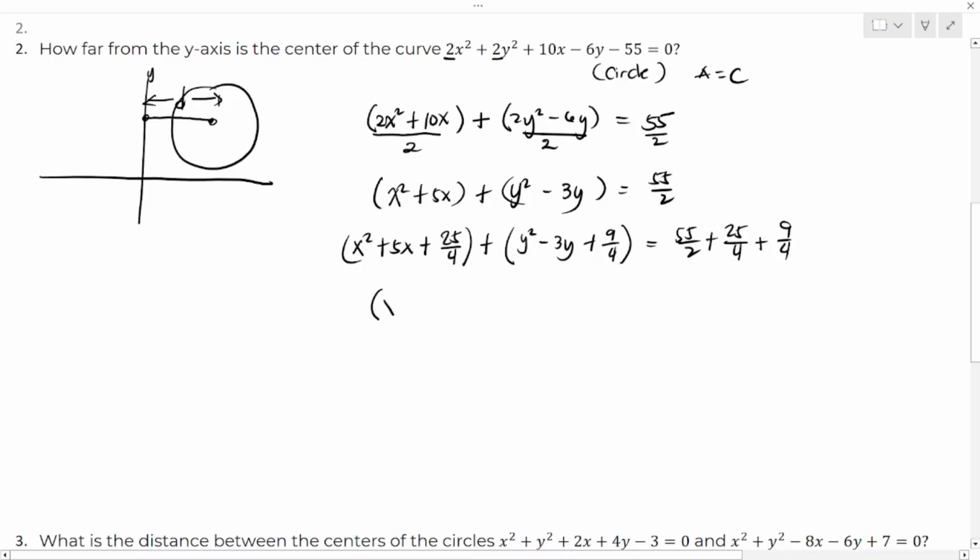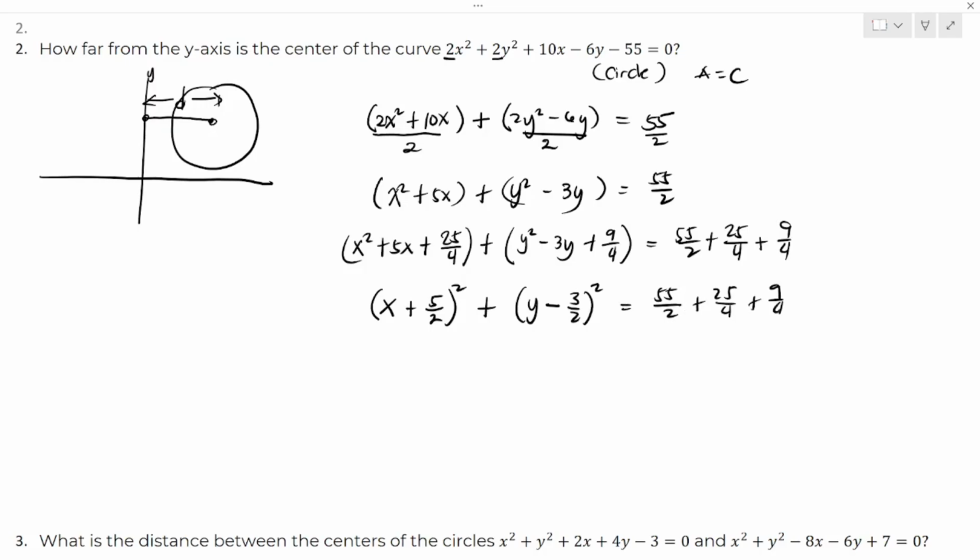So, i-factor natin. Whatever value nakuha nyo dito, like example, 5 over 2, yan din yung gagamitin nyo dito. That is x plus 5 over 2, squared. Plus, ito din, y minus 3 over 2, squared. That is equivalent to some value here.